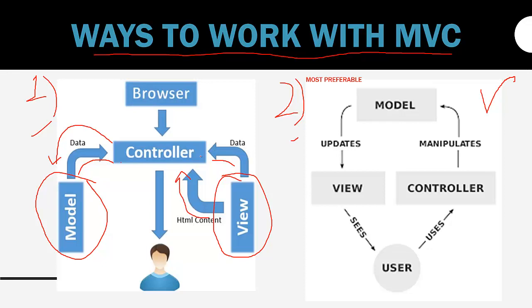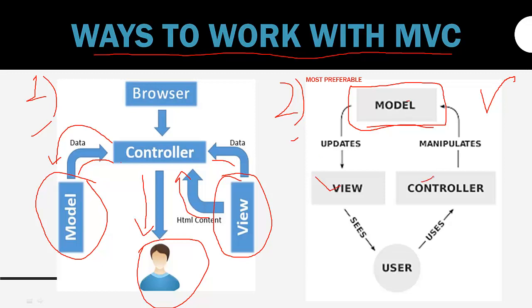And then the controller will send data to our user here. But this is not the most preferable way. The most preferable way, which I will use in our upcoming videos, is this: first there is the model, and the view and controller can both contact the model. Both can take updates and manipulate our data in the model.